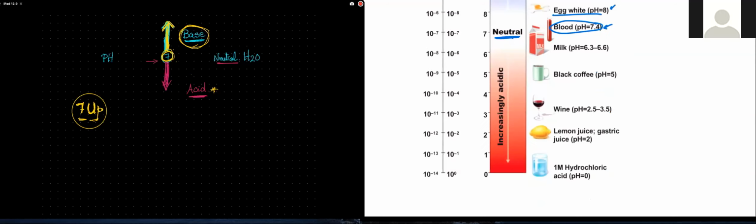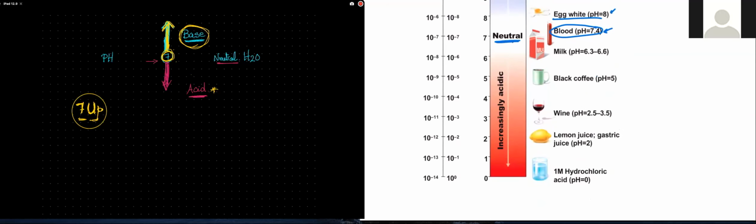If you go down here, pH less than 7, like milk, coffee, wine. So milk is slightly acidic. Coffee is going to be more acidic than milk. It's going to be of a pH of 5. Wine is going to be of a pH of 2.5 to 3.5.